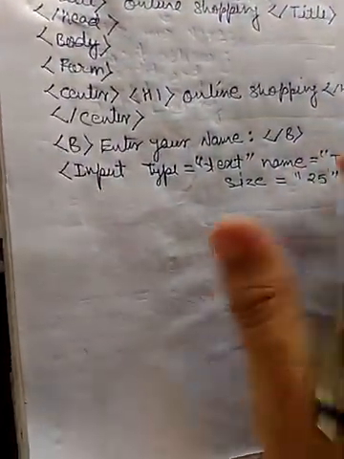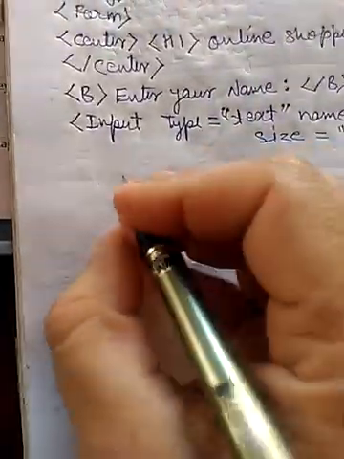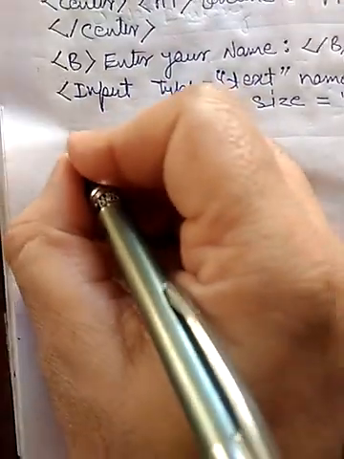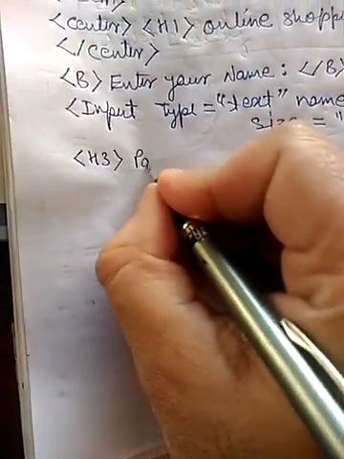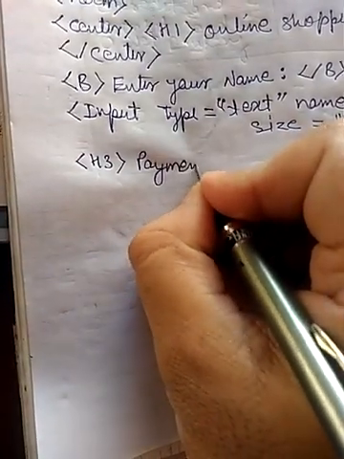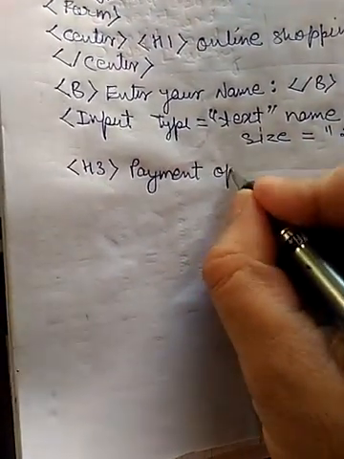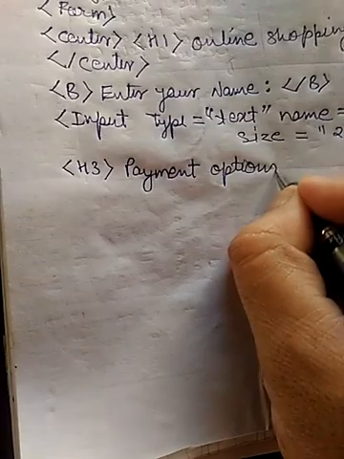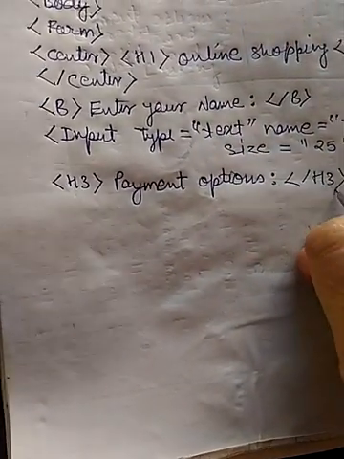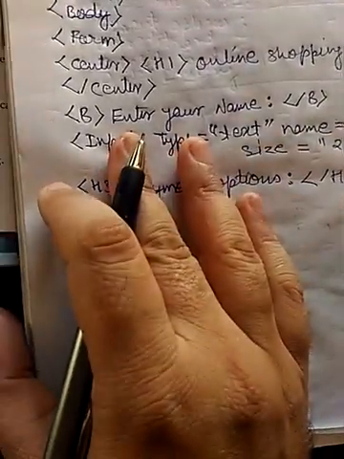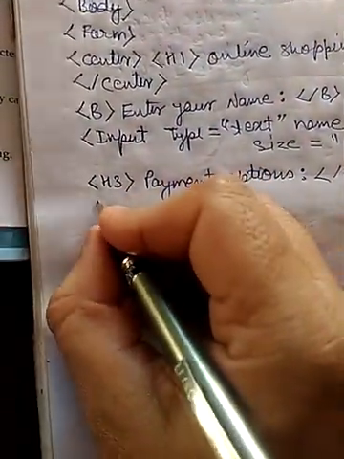Now first I am writing this payment option. So here I have written, let us say, H3, payment options, heading close. Now we want to create a radio button.